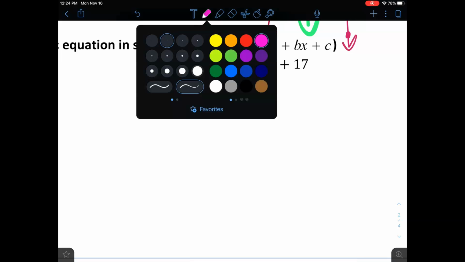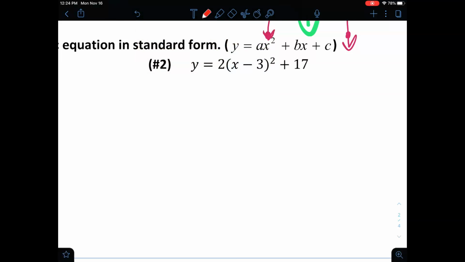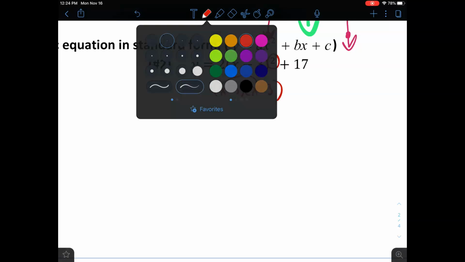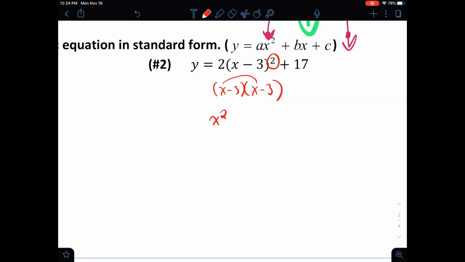All right, so this first one here, we have y equals 2 times the quantity of x minus 3 all squared plus 17. Well, first thing we need to do is, this x minus 3 squared means we're multiplying x minus 3 times itself twice, right? There's two x minus 3s. So we need to go ahead and FOIL this. x times x is x squared.